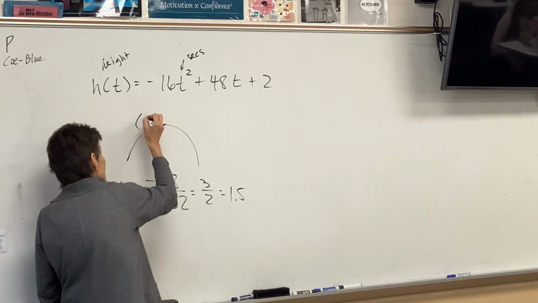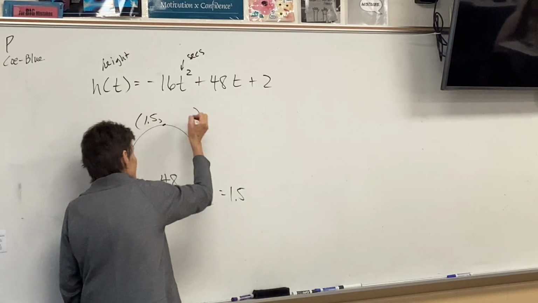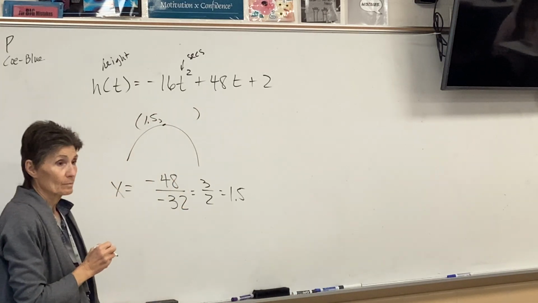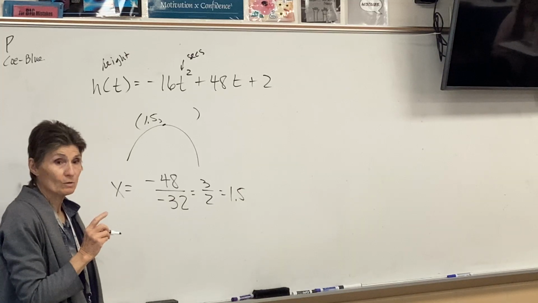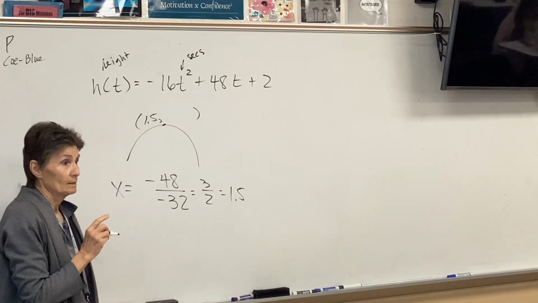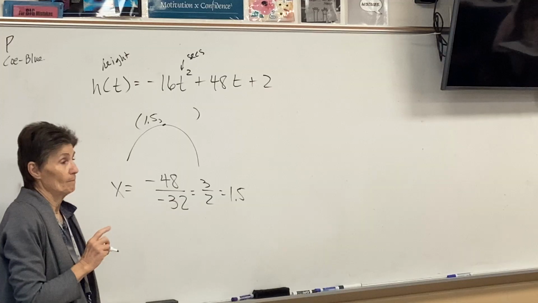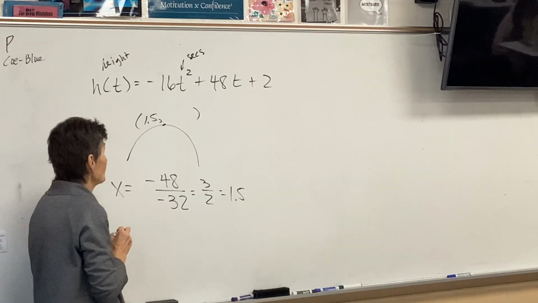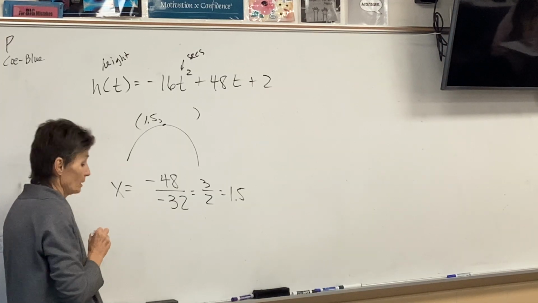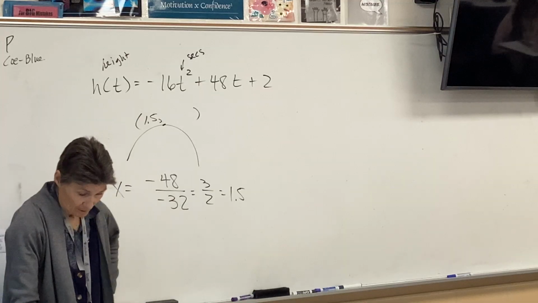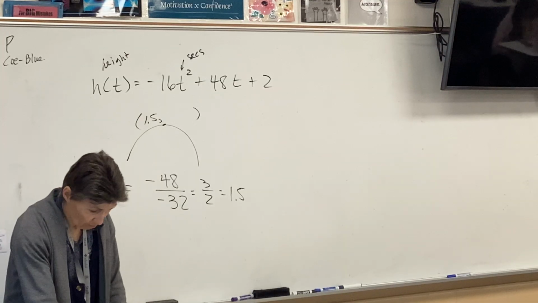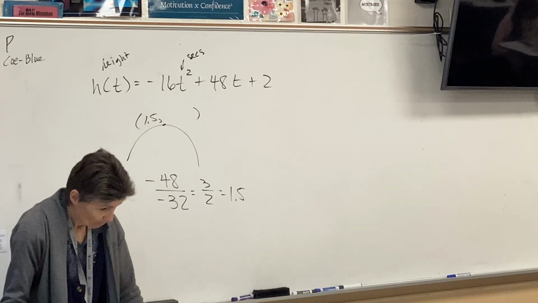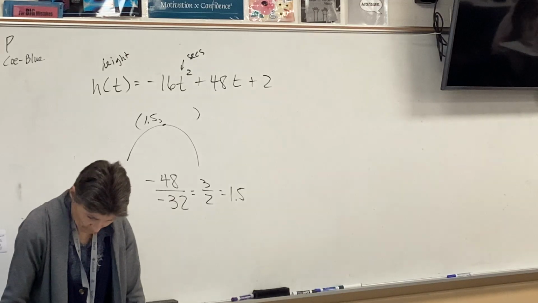So this is 1.5, comma, something. Just like finding the vertex, right guys? That's what we're doing here, no different. Okay, so then what do we do? Plug it in. We can use our calculator to help us if you want to or need to.